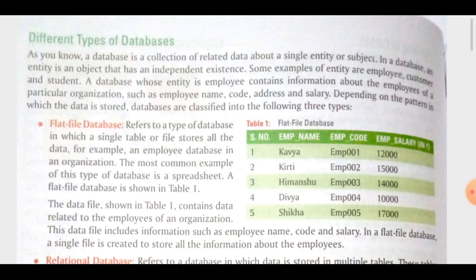In that software you can also create your table. So when we can create a table in MS Excel, then why do we need to work on MS Access? We are again creating the table in MS Access. So the basic difference between MS Excel and MS Access is that MS Excel is a flat file database and MS Access is a relational database.